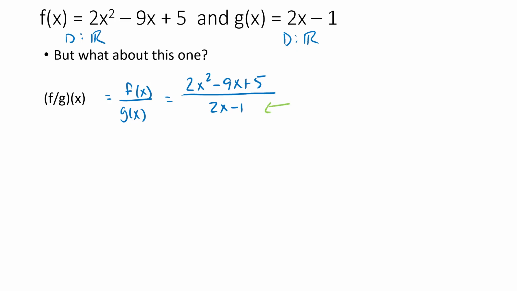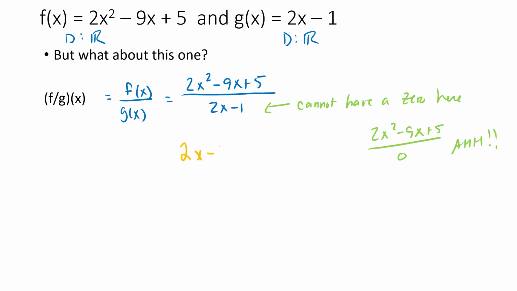Okay, so basically we cannot have a 0 here. So you can't have 2x squared minus 9x plus 5 divided by 0. That is undefined. So here's where we go with this. 2x minus 1, whatever that is, is not allowed to be equal to 0. That denominator cannot be equal to 0.